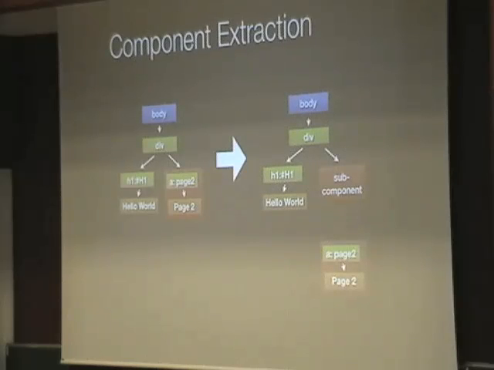You can extract a component, like, I don't know, you have created a prototype of the website, and you say, well, this is the menu, and I want this menu to be an extra component. You select the div and you say extract.